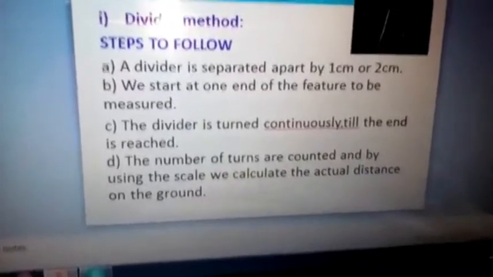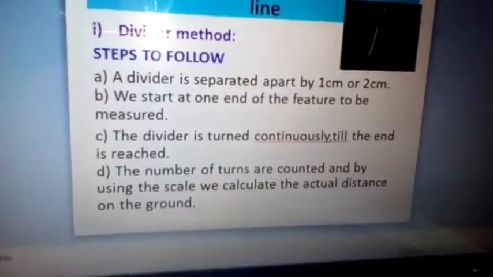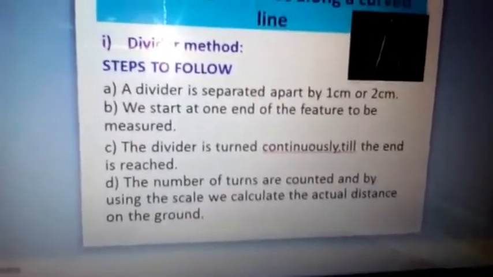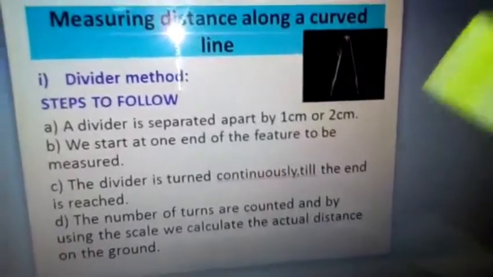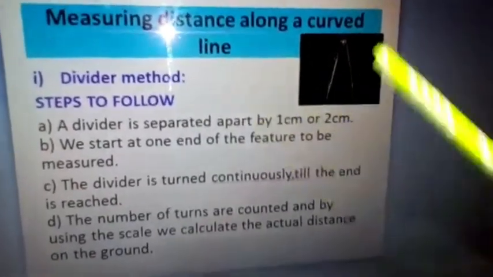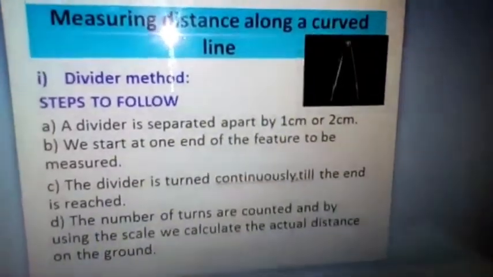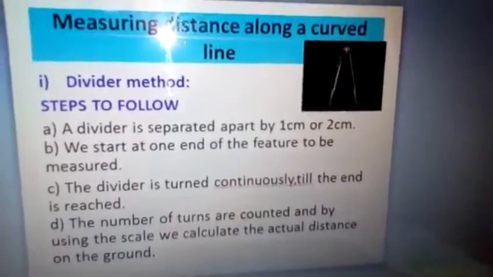So if my scale is saying that 1 centimeter is equal to 1 kilometer, and I have turned my divider 9 times, it becomes 9 centimeter, and my scale is 1 centimeter is equal to 1 kilometer. Therefore, the distance on the ground is 9 kilometers.